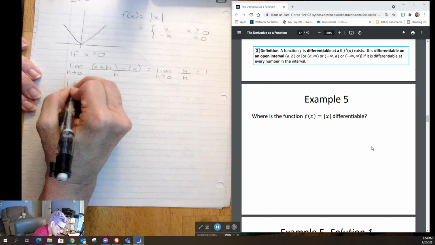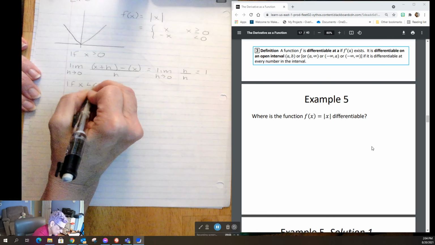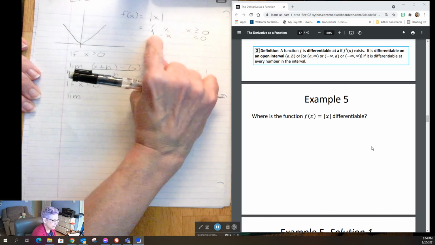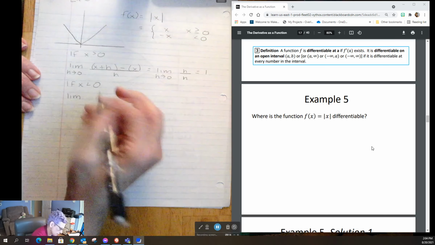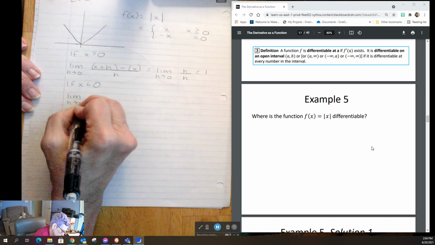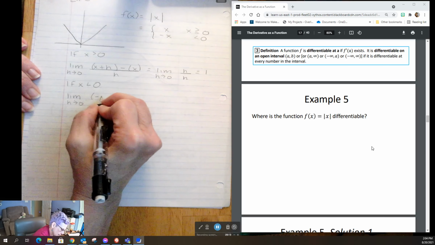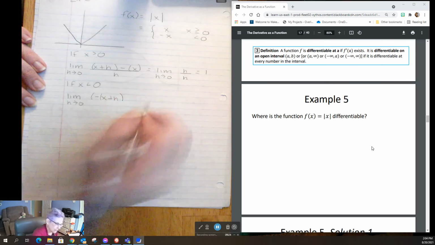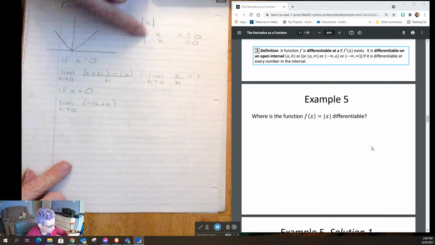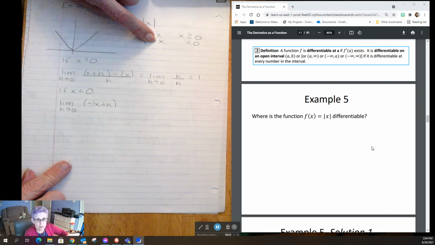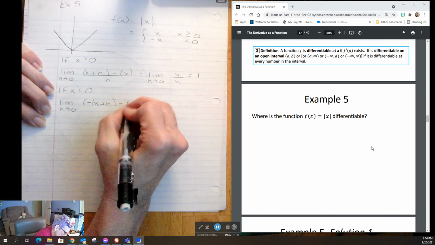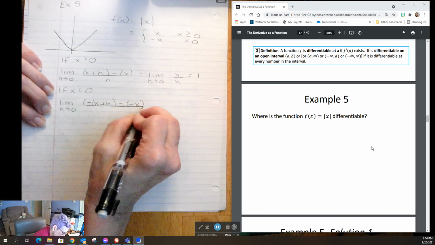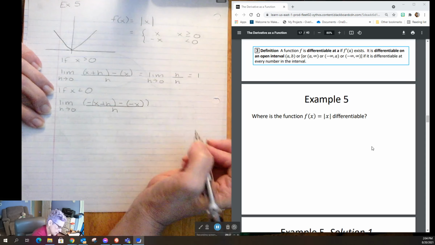So let's look at values less than 0. Then we're looking at this piece of my piecewise function. We would have negative x plus h, because we would plug x plus h into this piece, minus negative x, all of that living on top of h.